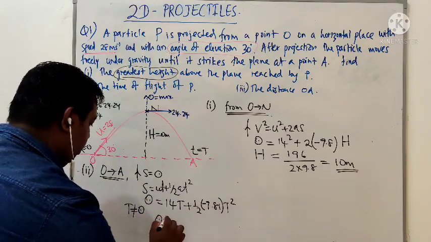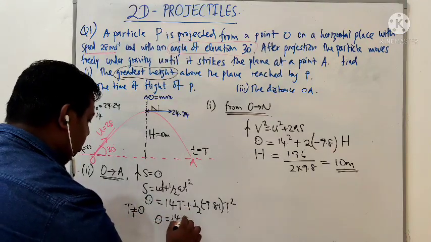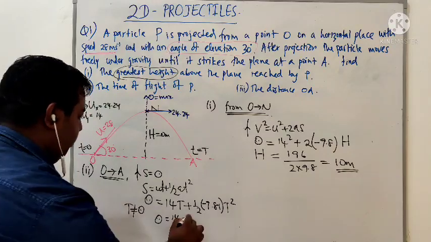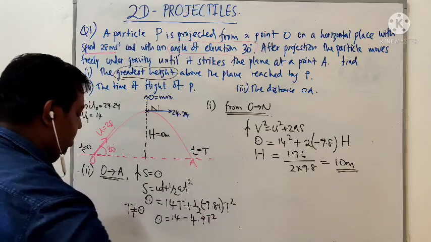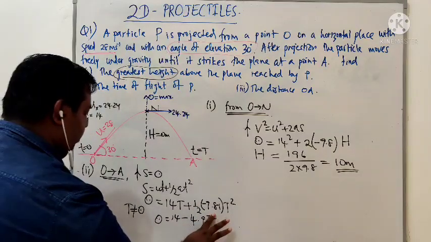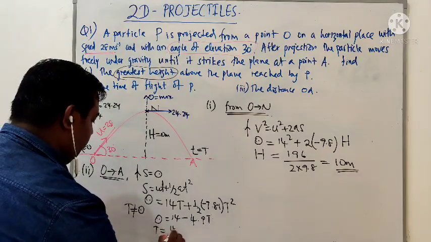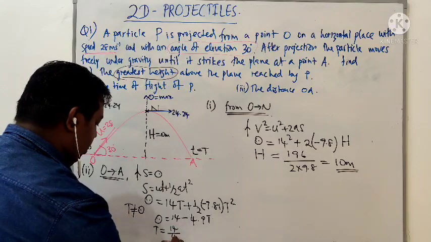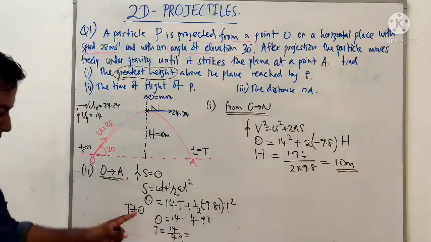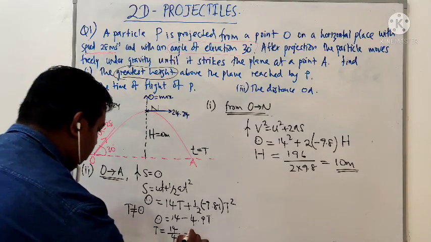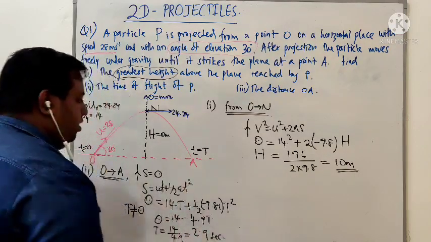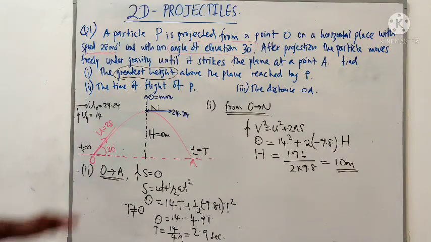Then 0 equals 14 minus 4.9t, so t equals 14 over 4.9, around 2.9 seconds. Okay, this is Roman 2.